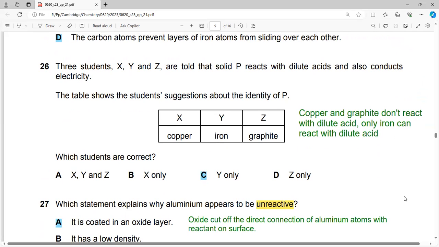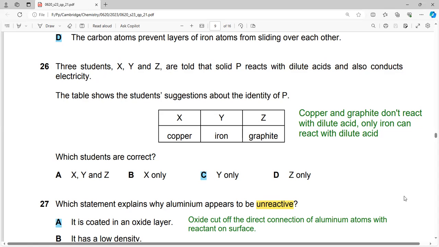Three students, X, Y, Z, are told that solid P reacts with dilute hydrochloric acid and also conducts electricity. The table shows the students' suggestions about the identity of this element, which is directly reacting, or this metal which is directly reacting with dilute hydrochloric acid.